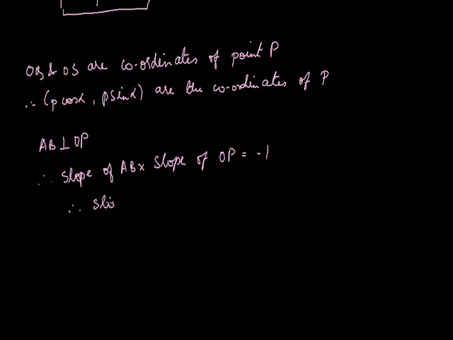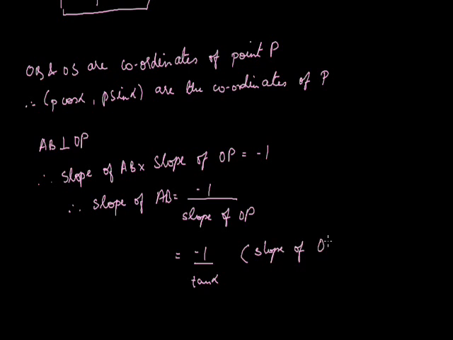Therefore I can say that the slope of AB is equal to -1 upon the slope of OP. But the slope of OP can be written as tan alpha, where OP makes an angle alpha with the positive direction of the x-axis. So the slope of OP is equal to tan alpha.